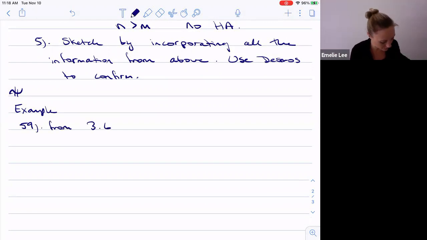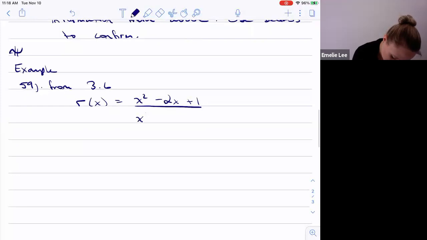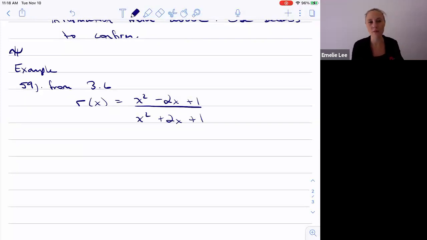Okay, pull it up here. So we have r of x is x squared minus 2x plus 1 divided by x squared plus 2x plus 1. Now something like this, notice that you're only dealing with quadratics and things that are kind of easy to factor, and that's all I expect of you, right?